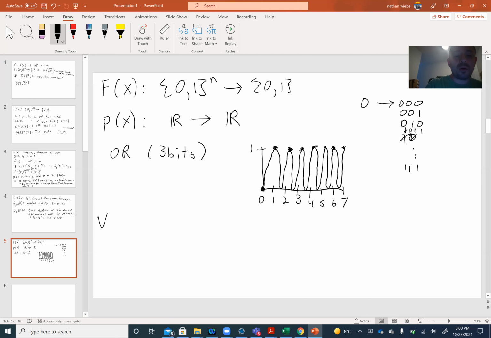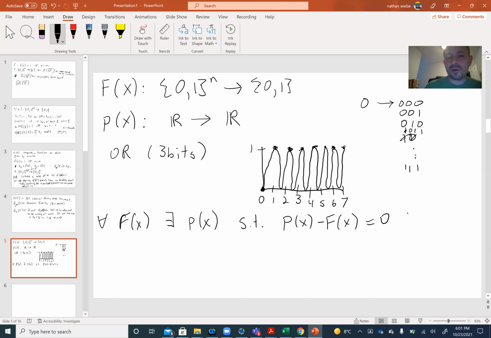And for all f of x, there always exists a p of x such that p of x minus f of x equals 0 for all x in {0,1}^n, or all positive integer valued inputs, if we view it from the perspective of this line.